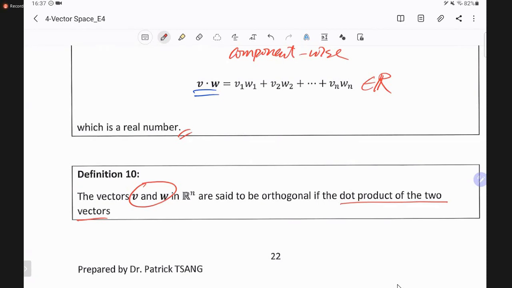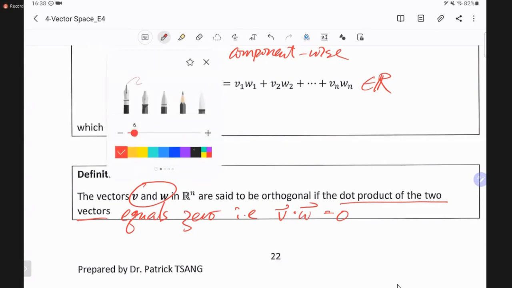I would like to see whether they can be claimed to be orthogonal if the following condition is satisfied: the dot product of these two vectors equals 0. In other words, v dot w equals 0. But do remember 0 here is a real number instead of the zero vector. Pay attention to this expression.